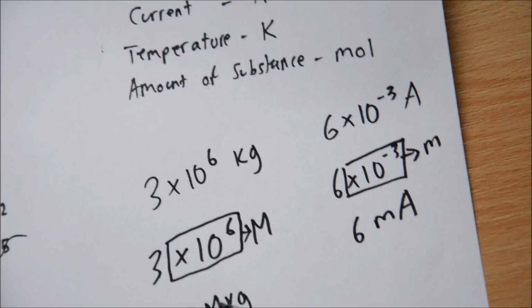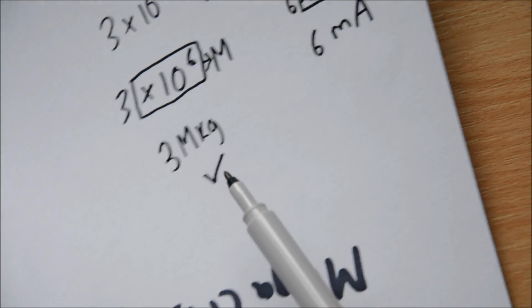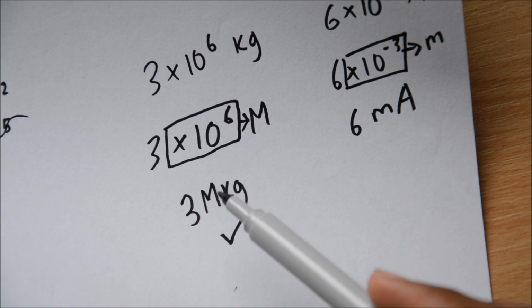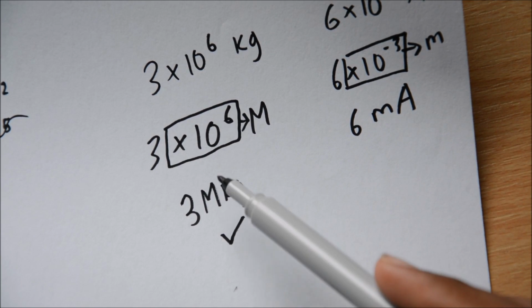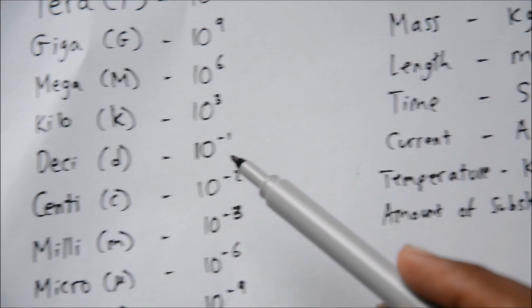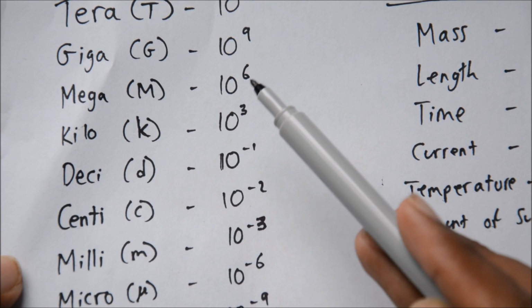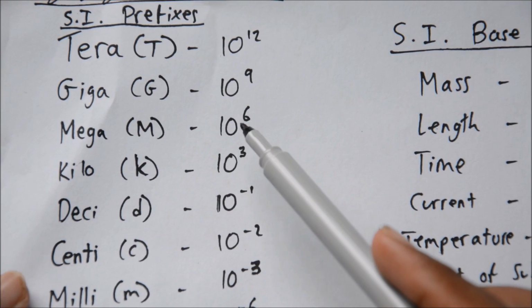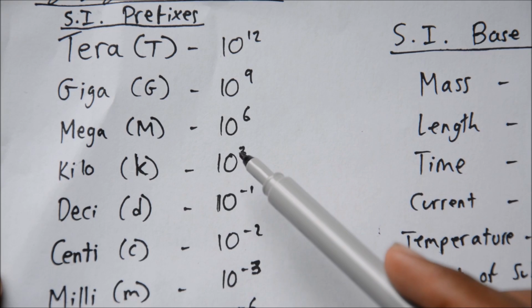Now, mega and kilo together is not a very good idea. It is right, but I don't advise doing it like that. We know that mega is 10 to the 6, and kilo is 10 to the 3. If you multiply them together, because here you're multiplying M and k together, you get 10 to the power of 6 times 10 to the power of 3.